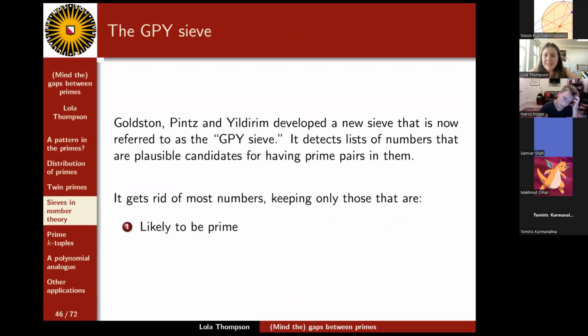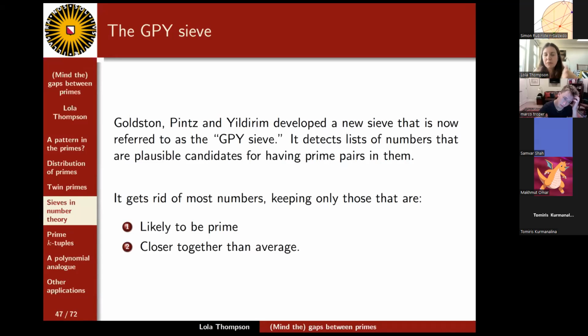Okay, so what is it that Goldston, Pintz, and Yildirim did? Well, they developed a new sieve, and their new sieve is now called the GPY sieve. And the sieve is really nice because it detects numbers that are plausible candidates for having prime pairs in them. And so what it does is it throws away almost all numbers, but the ones that it keeps are numbers that are likely to be prime and also closer together than average.